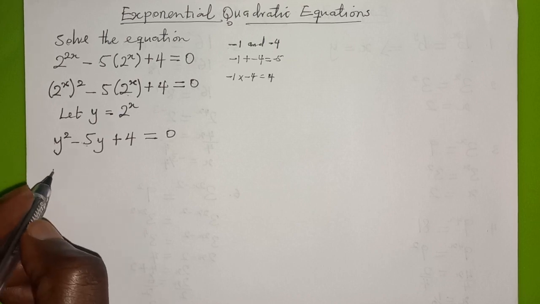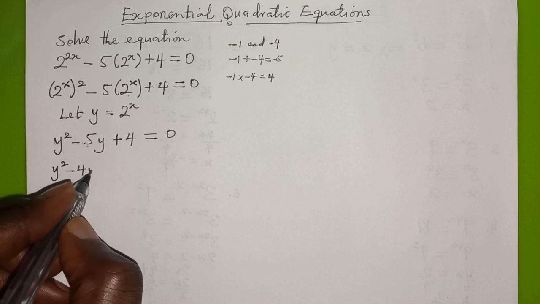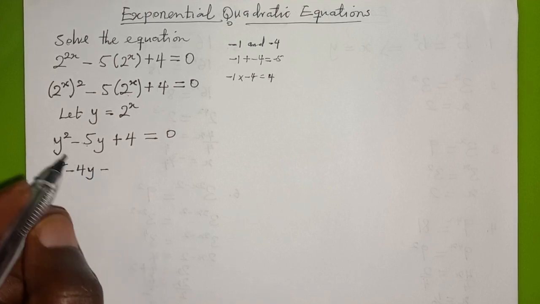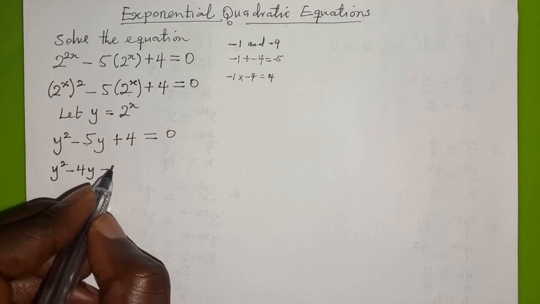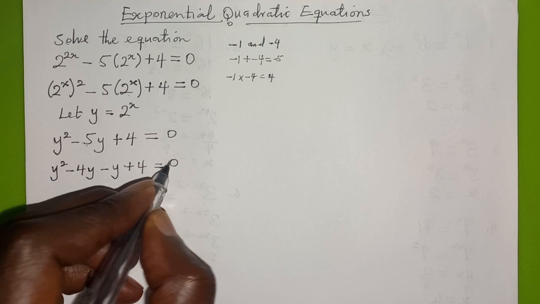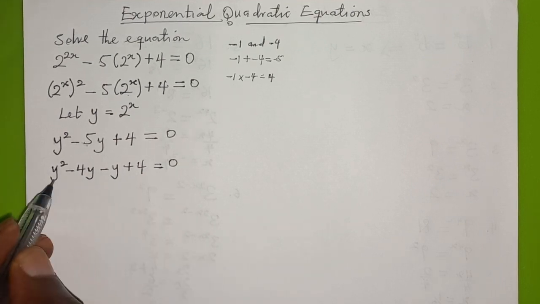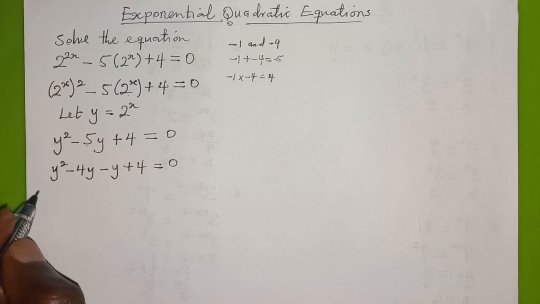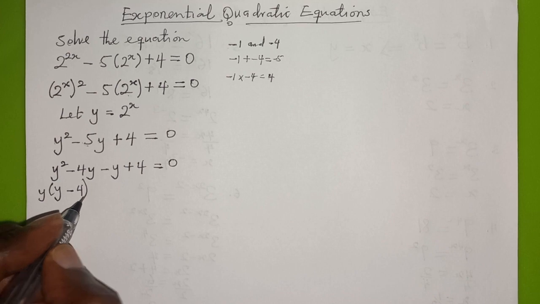So this will become y squared minus 4y minus 1 times y is y, minus y plus 4 is equal to 0. So at this side, we can factorize y out, y minus 4.